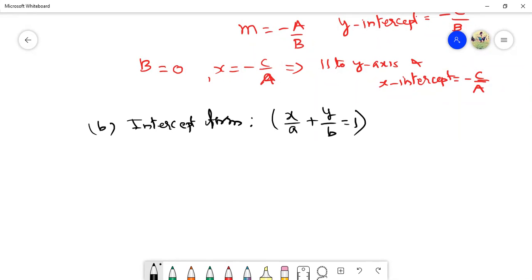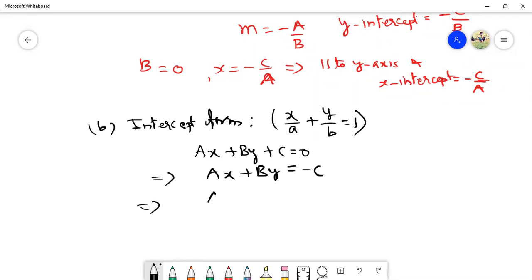So if you want to write the equation ax + by + c = 0 in this format, you can do it by taking c on the right hand side, giving -c, but you need the right hand side to be 1. So divide both sides by -c.